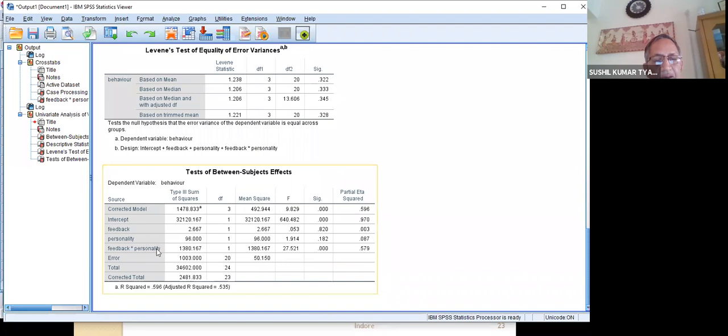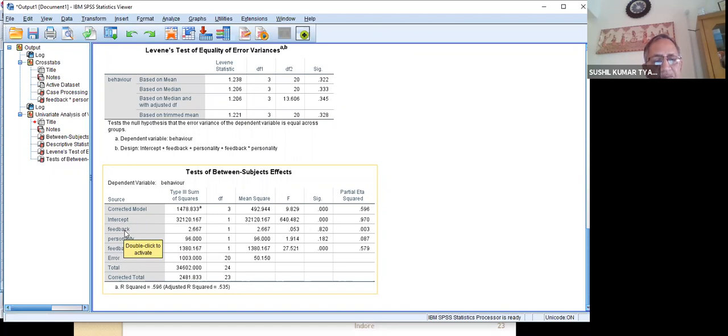Here, as I told you in the slide, the sources of variation are feedback, personality, feedback into personality, error, and total. Now, these two lines we do not require, but let them remain there. You need not edit them.